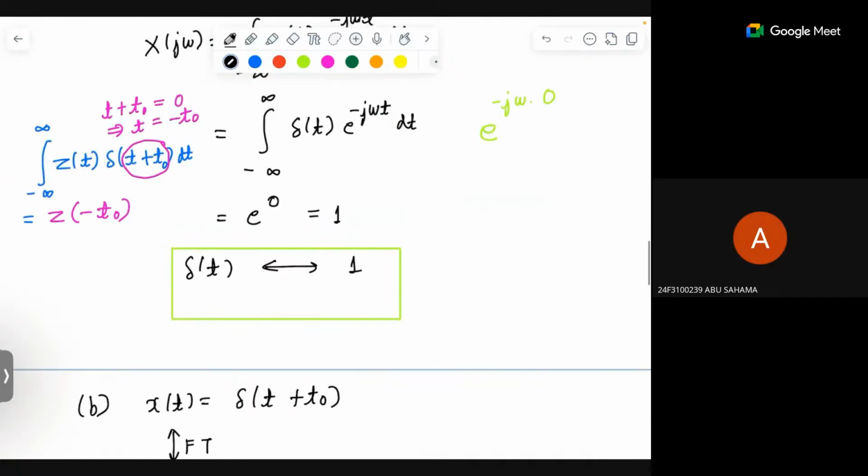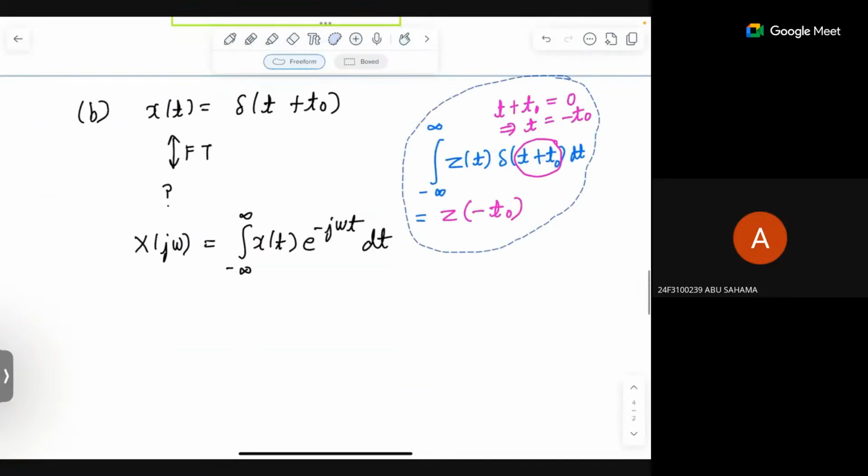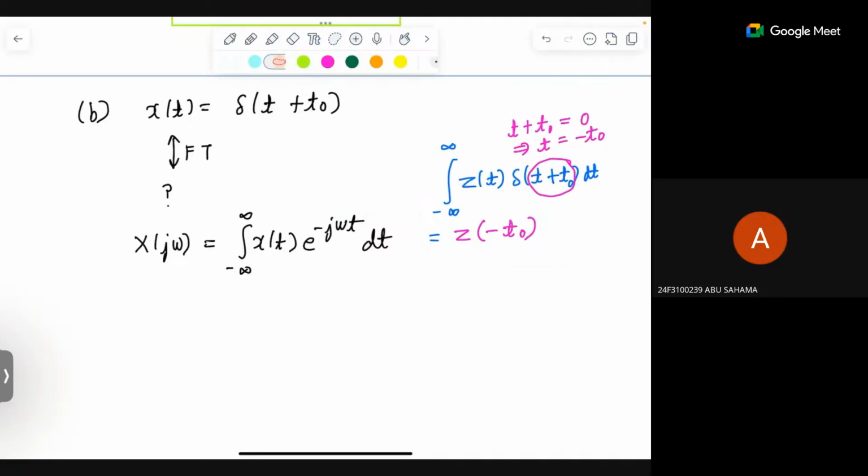So this same property we will use, the same property of impulse. In the Fourier transform equation, I will substitute x of t, that is delta of t plus t naught, e raised to the power of minus j omega t dt.